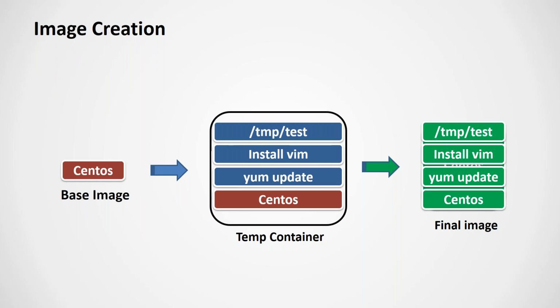So depending on your need, you will take a base image, put all the necessary files in it, and then create a final image, and this is what you are going to store in your registry, so that anyone who wants to work, you need to tell the name of the image, and from this image what are the applications you are having, all those things.